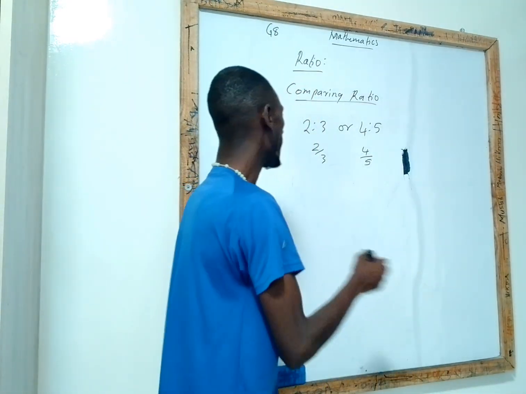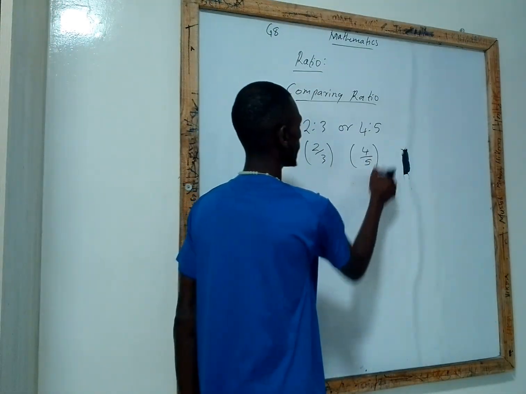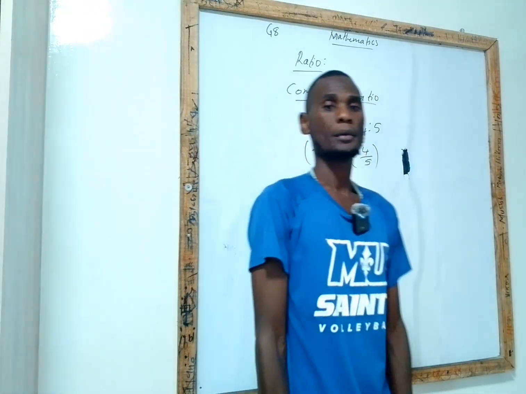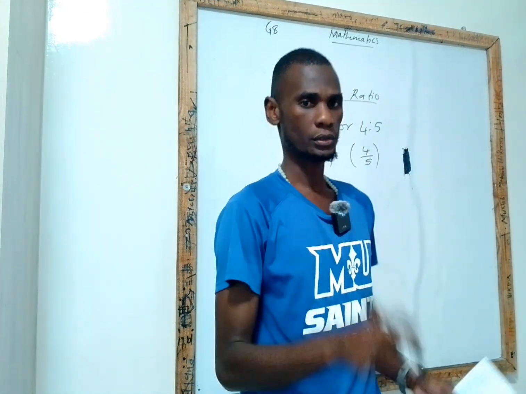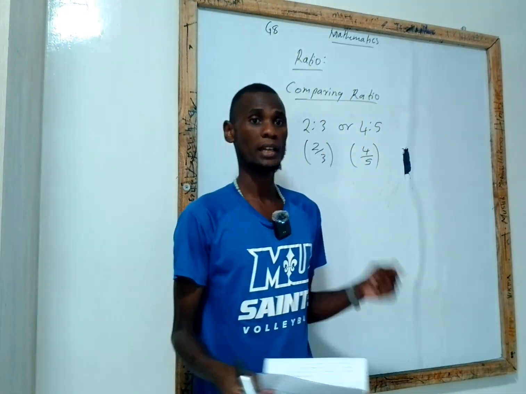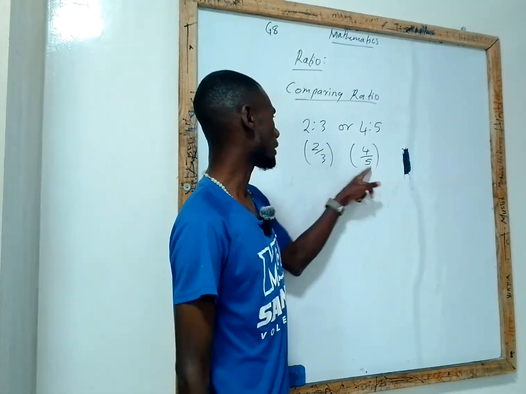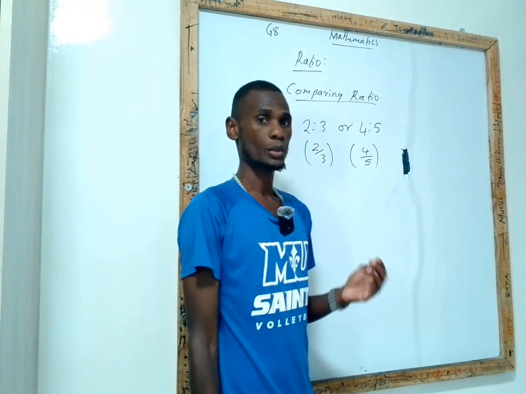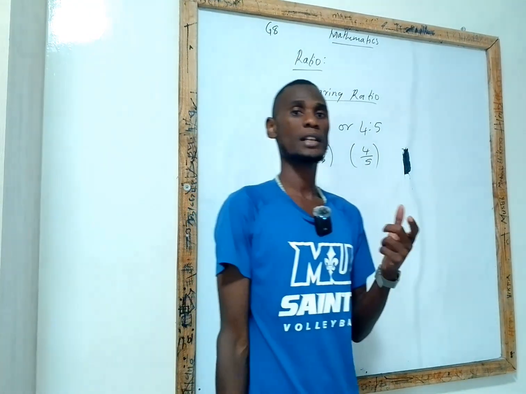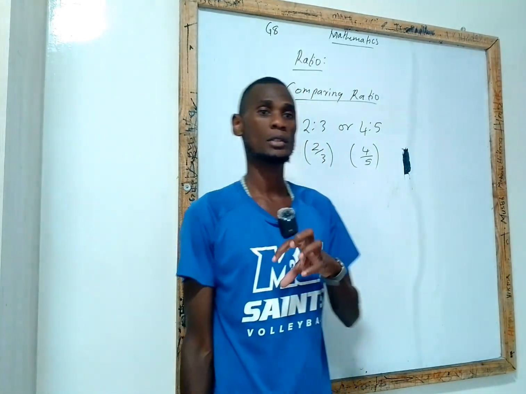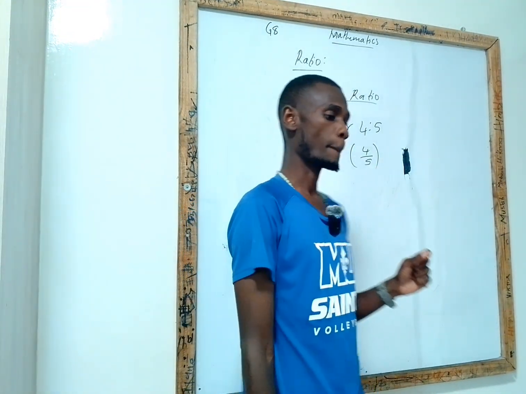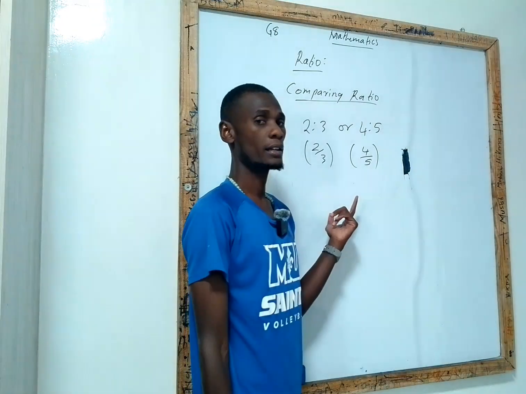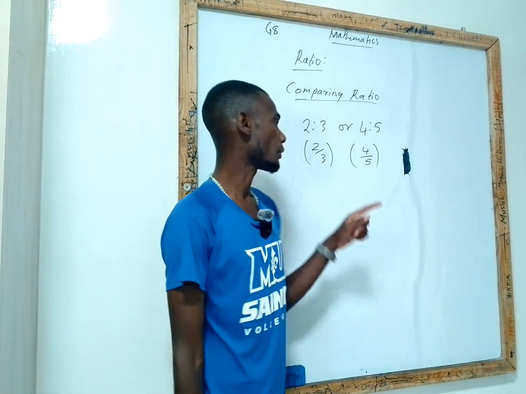Once we have the two fractions, for us to compare fractions, you need what is called a common denominator, especially if the denominators are different. You cannot compare fractions with different denominators. You need what is called a common denominator.